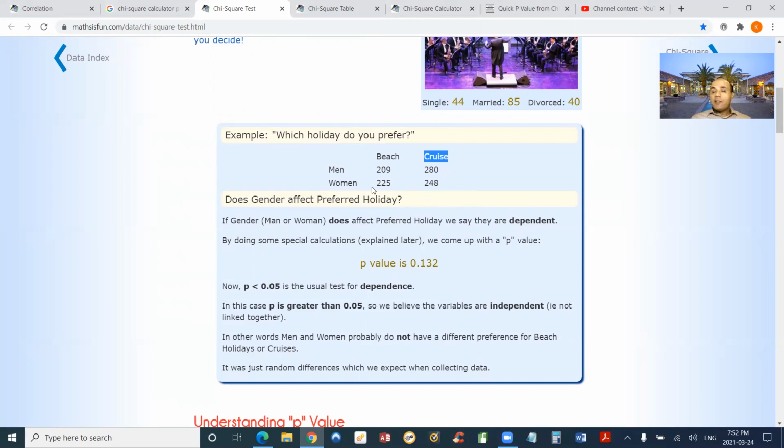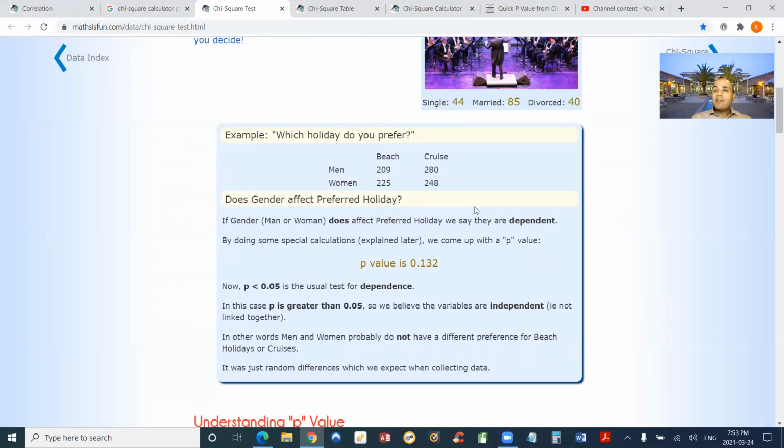On the other side of the scale, 225 women have chosen the beach as their favorite holiday destination, and 248 women have chosen cruise.